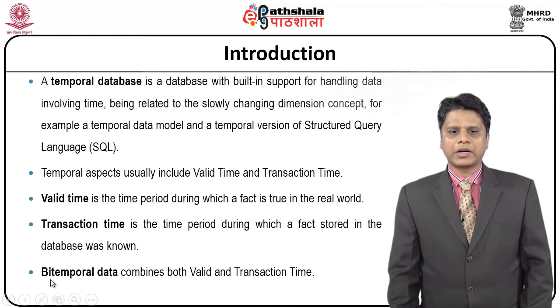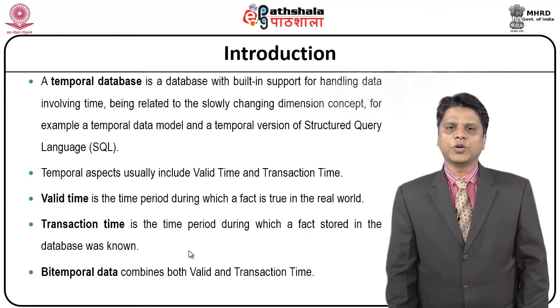And there is one more time associated with this, which is called bitemporal data, which combines both valid and transaction time. Many a times we may not require the valid time, but we might need the transaction time. So for most of the records, with the help of transaction time, we go ahead with the processing.